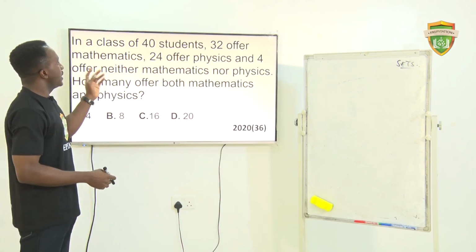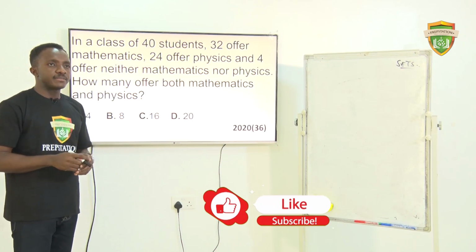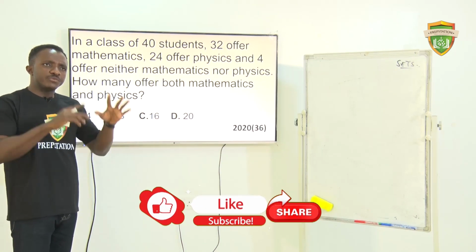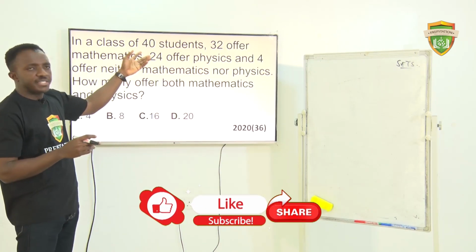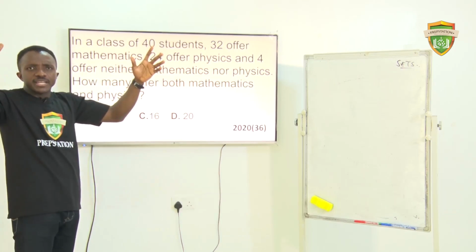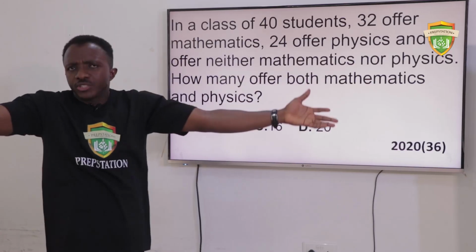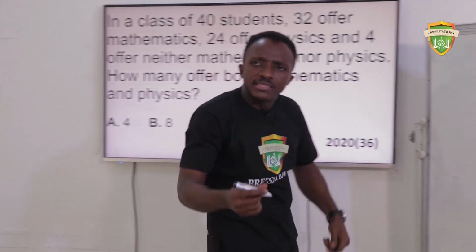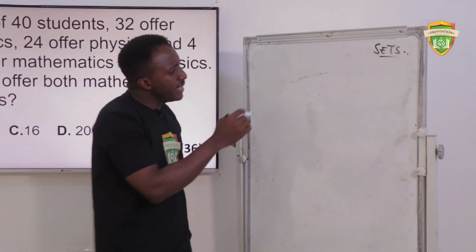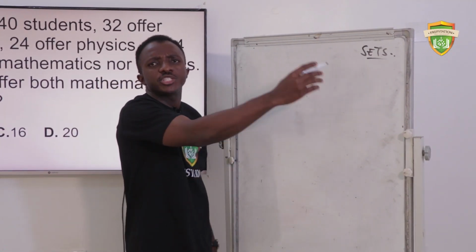Solve the question. In a class of 40 students, if you remember what I said about the universal set, 40 is the universal set. That's the sum of all the students. I said that a Venn diagram is a diagrammatic representation of sets.